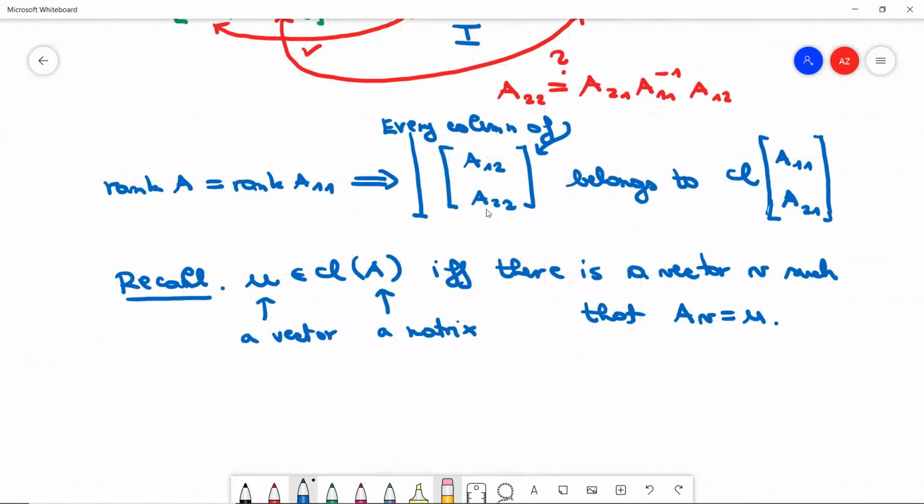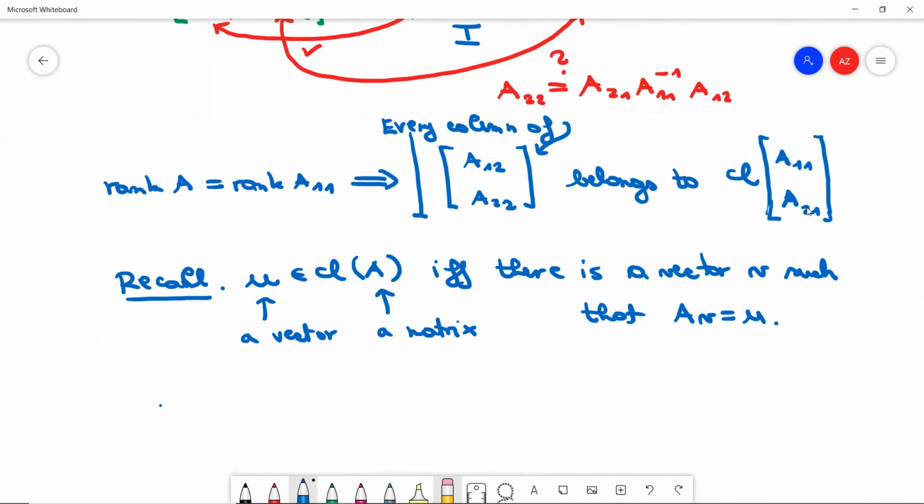So what I wanted to say is that we use this claim for every column of this submatrix A12, A22, and for A we take our matrix A11, A21.